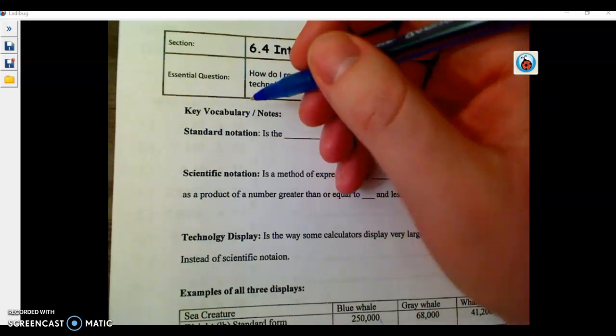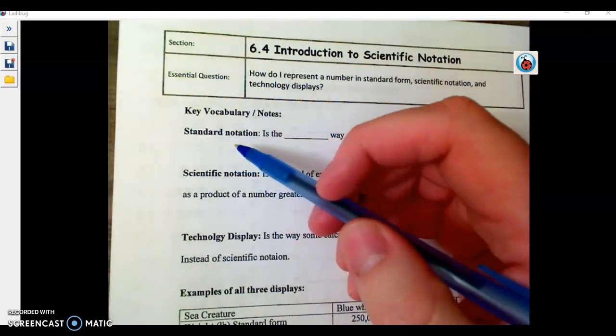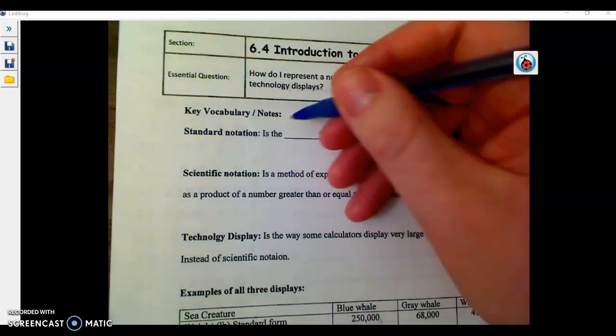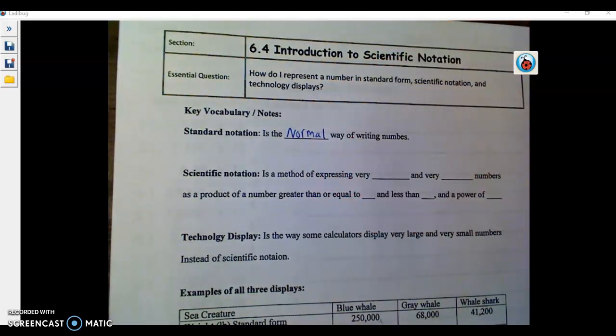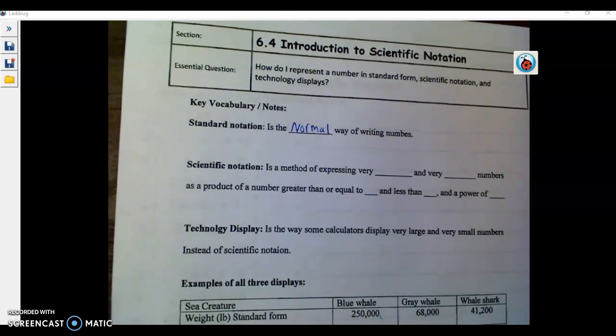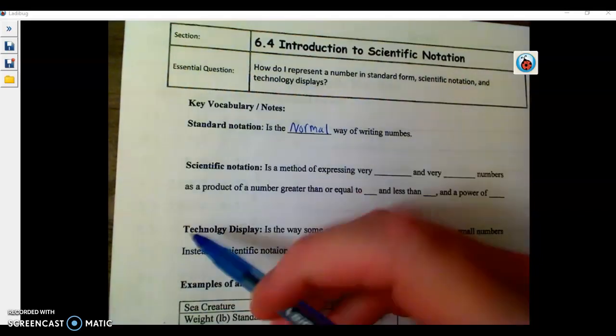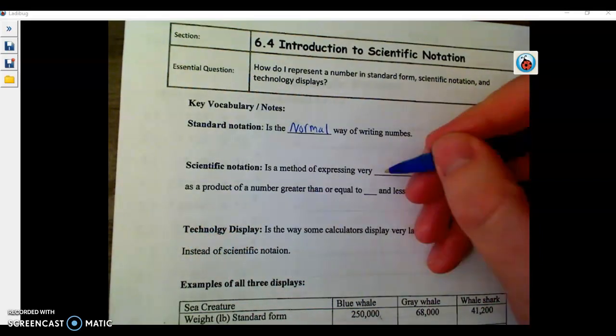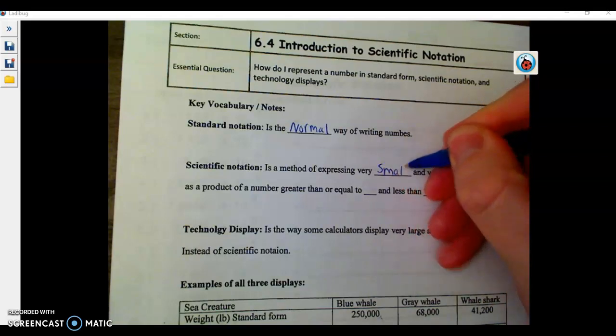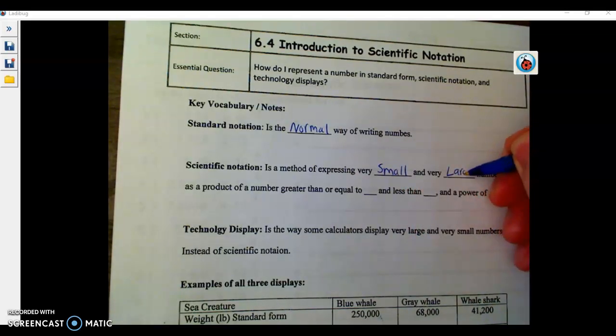So, first bit of vocab/notes is standard notation. This is just the normal way of writing numbers, how you would normally write a number. Scientific notation is a method of expressing very small and very large numbers.